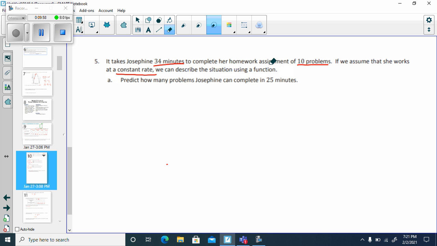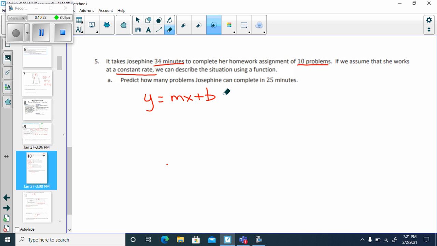So first, let's write a function for this because they're wanting us to predict how many problems she can complete in 25 minutes. This is a linear equation, has a constant rate, so it's going to be y equals mx plus b. Now we're going to start writing equations for our problems.